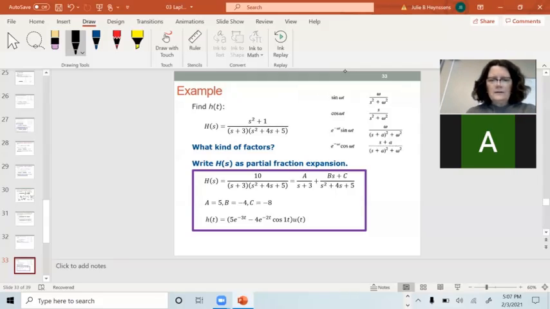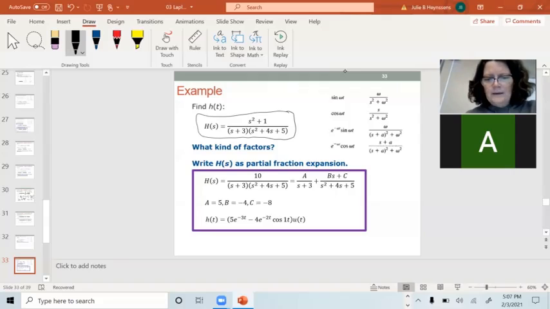We've got this function right here. I want you to understand the procedure more than anything else. I'll help you get started on the homework. First step, we write this. We've got this h of s. We want to find h of t. We write it as a partial fraction expansion.